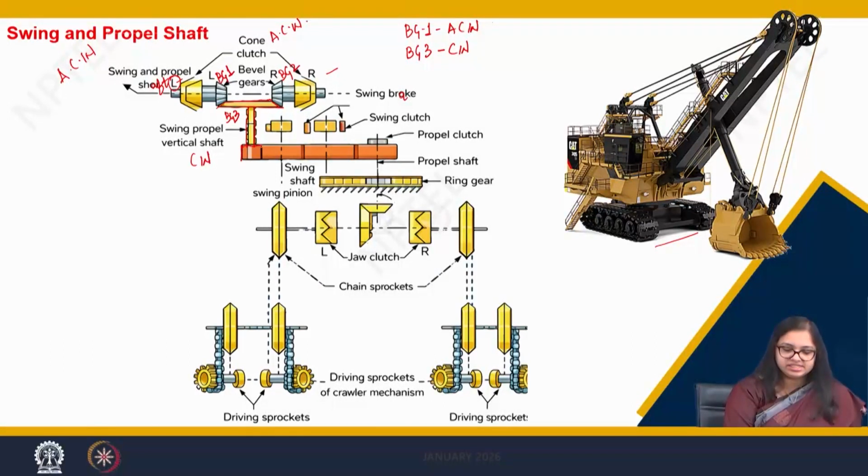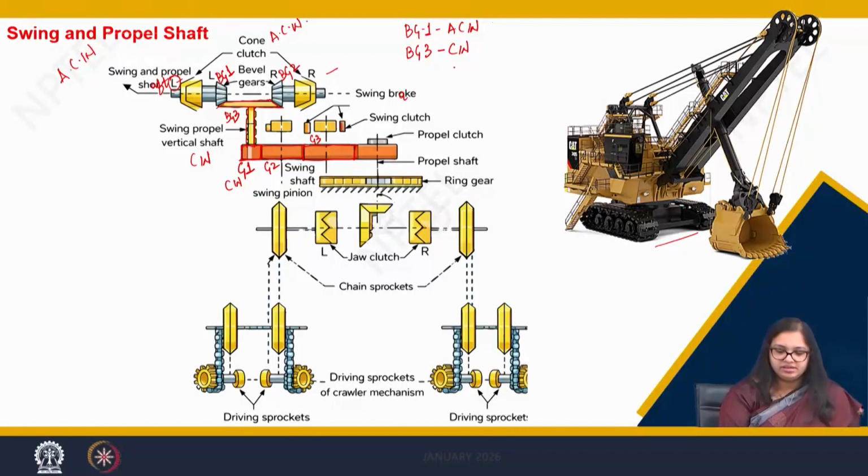Here let us name it as gear 1. So, my gear 1 is now rotating in clockwise direction, which is now engaged to one gear here, and then it is connected to another gear here. Let us say this is gear 2 and this is gear 3.